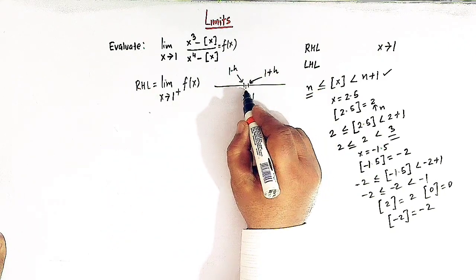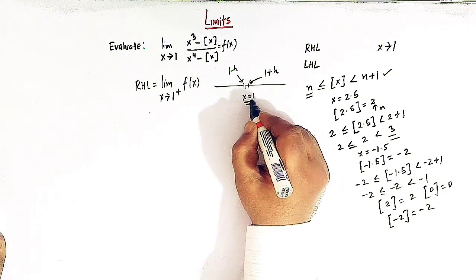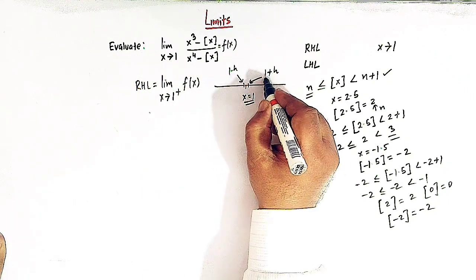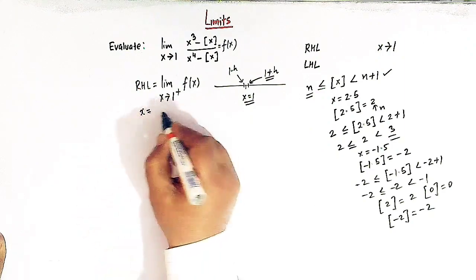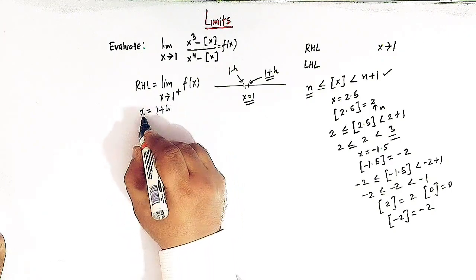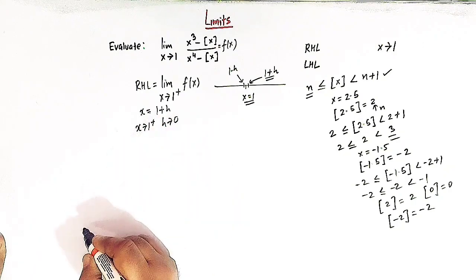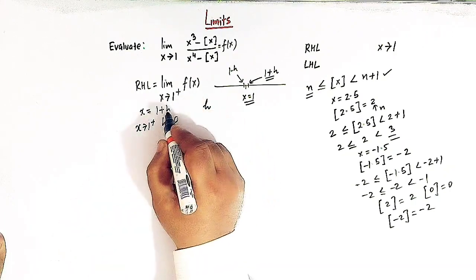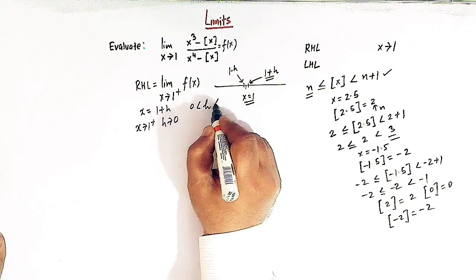When we approach 1 from the right, we have the point 1 plus h, so we put x equal to 1 plus h. When x tends to 1, obviously h tends to 0, and this quantity h is infinitesimally small, greater than 0 and less than 1.